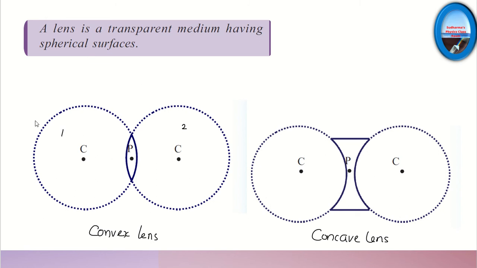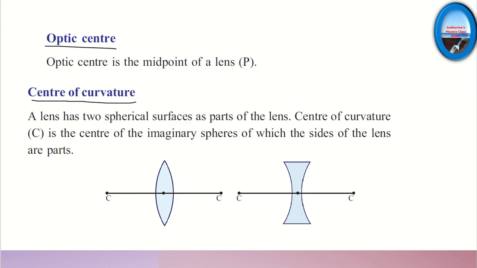We are not seeing the complete sphere, but we are cutting the refracting surface from a sphere. So the center of that spherical surface is called a center of curvature. A convex lens and a concave lens will have two centers of curvature.